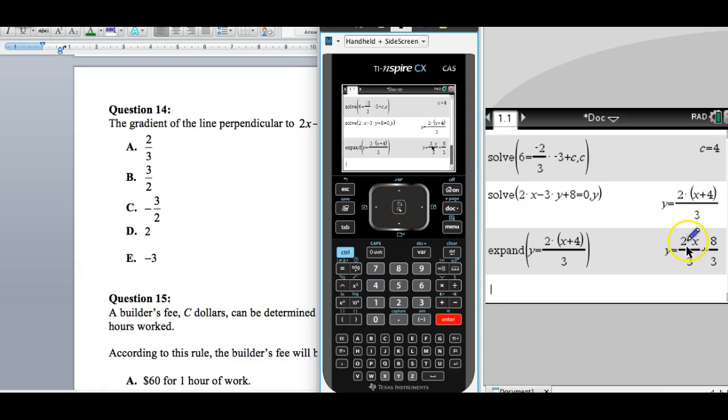Nothing else is relevant because we just want the perpendicular gradient. Remember, if one gradient is 2/3, the other one we flip, so we make it 3 on 2 and it's going to be negative. So -3/2 is C.